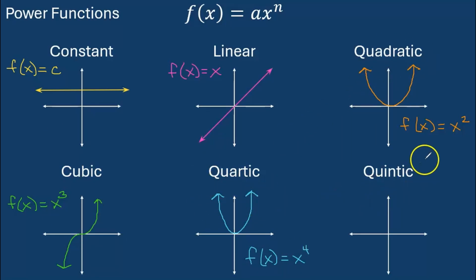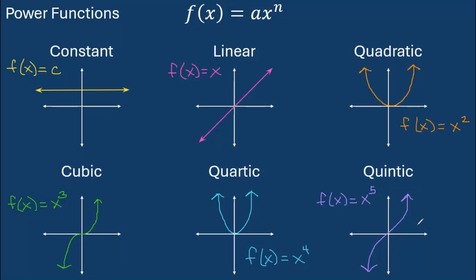This leads to our last example, quintic, which is in the shape of a cubic. A quintic function is in the form of f of x equals x to the fifth. And just like cubic, it starts off looking like a quadratic and then flipping the other side of the quadratic upside down.